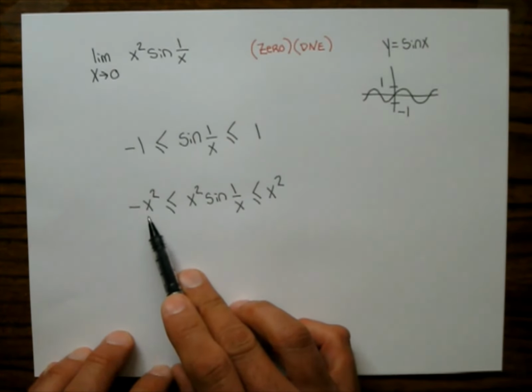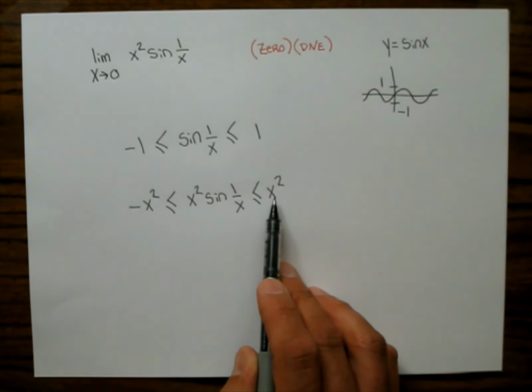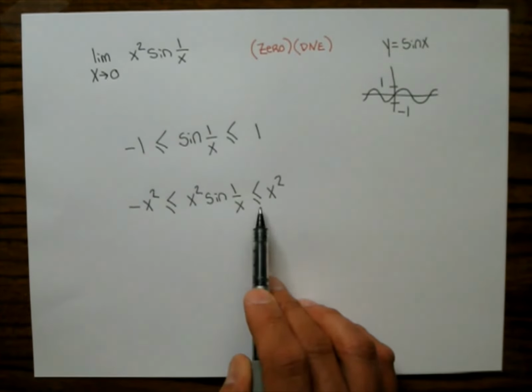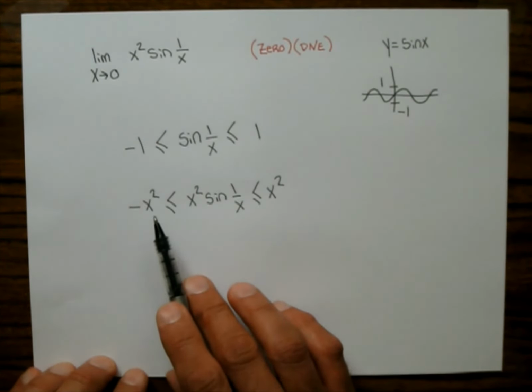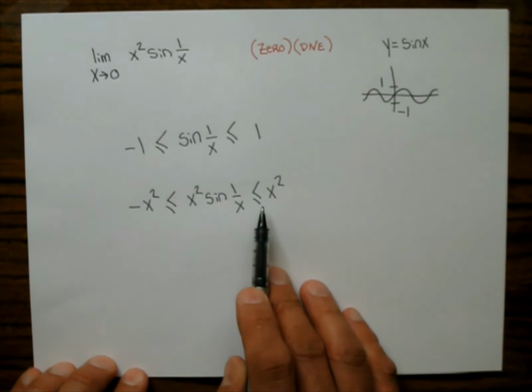Now, I can get away with that because x squared is a non-negative number. When you multiply inequalities by negative numbers, the inequalities flip. But because x squared is non-negative, that means it could be positive or 0. It's not going to flip those inequalities.